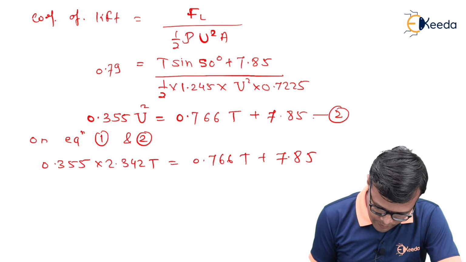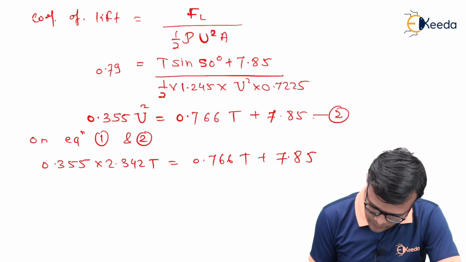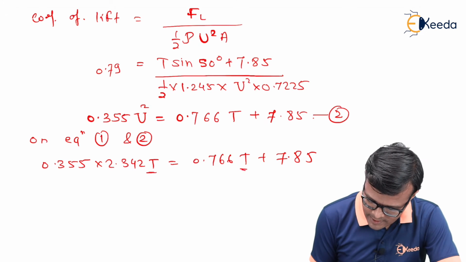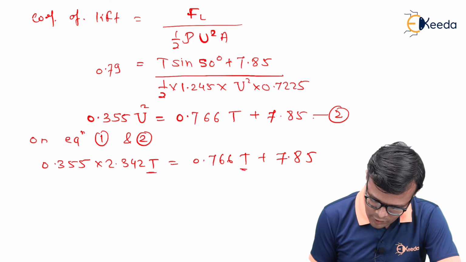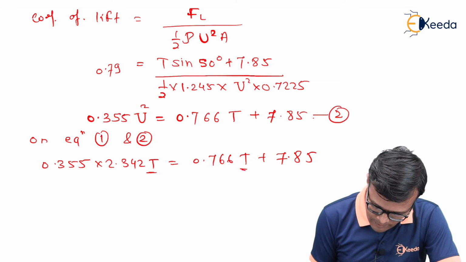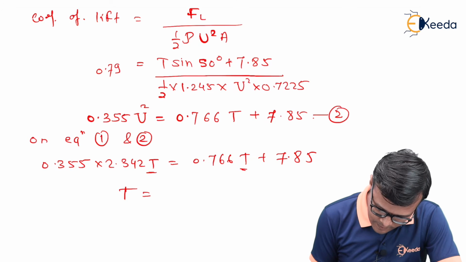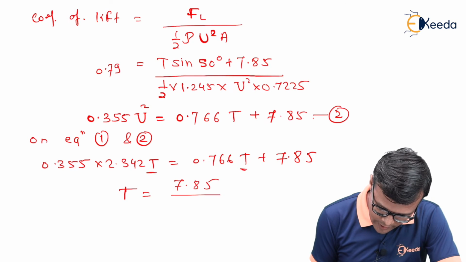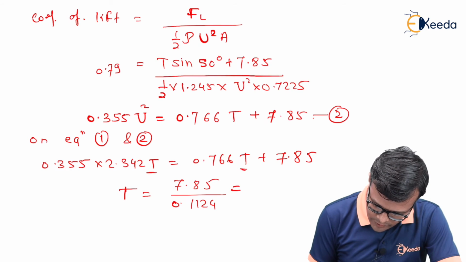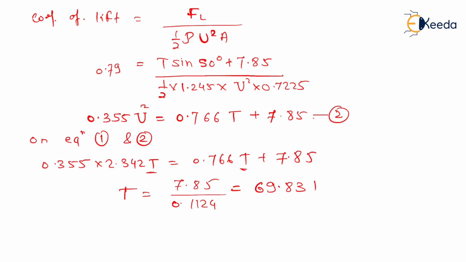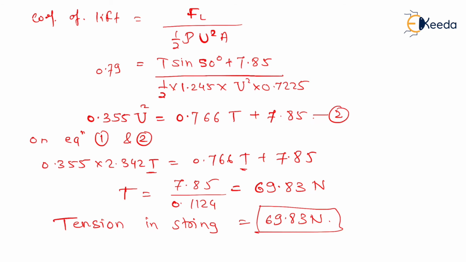So here only one unknown, that is T. Taking T on one side and other things on another side, we have T equal to 7.85 divided by 0.1124, that is equal to 69.83 Newton. So this is the tension in string, 69.83 Newton, that we have calculated.